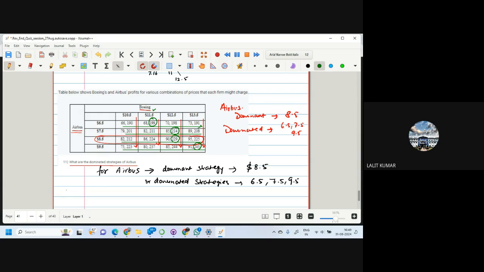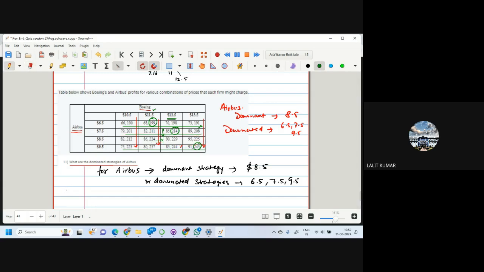So like Jaidev mentioned, there are no complete dominant or dominated strategies, but 12.5 which is there in 2 out of 4, it is the dominant strategy. So when we equate both, 12.5 and 8.5, this is the equilibrium which takes place at 90, 229.